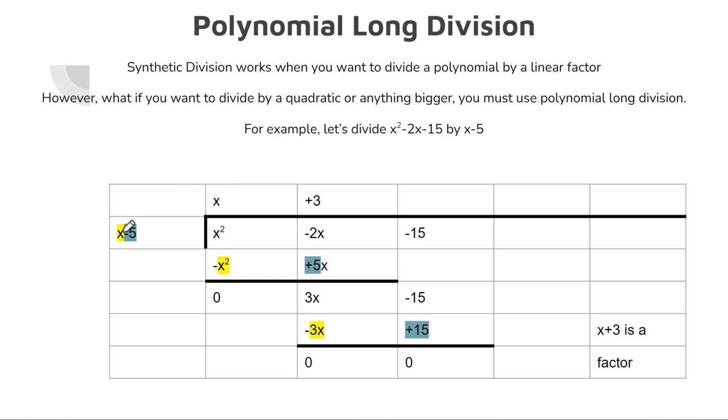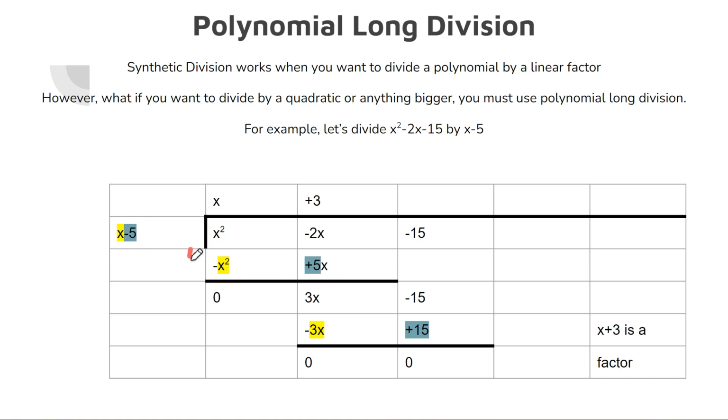So x times x is x squared. Negative 5 times x is negative 5x. However, you're subtracting them, if you remember, from regular long division. So this x squared becomes negative x squared, and this minus 5x becomes plus 5x. I highlighted where each of the terms came from just so you can see. Wanted to make it easy.